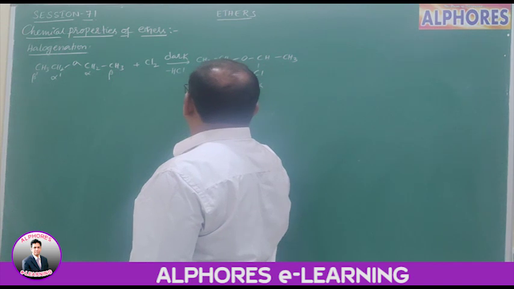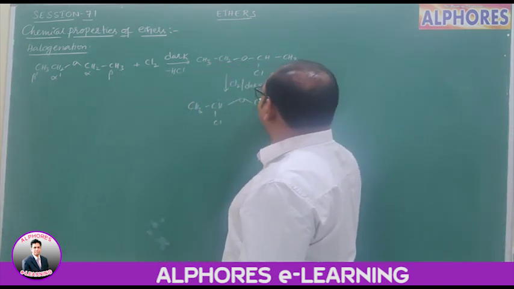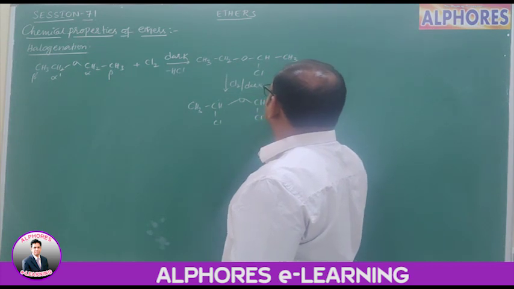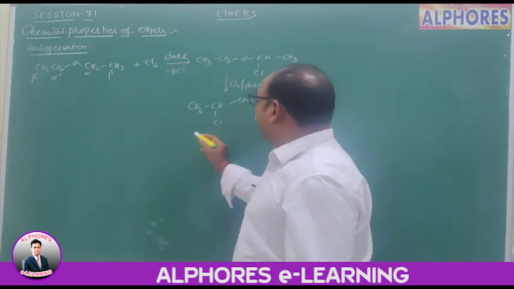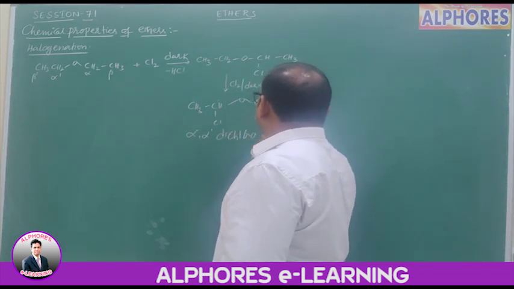The product we get here is CH3CH2OCHClCH3. This is what we call alpha chloroether, and HCl is eliminated.